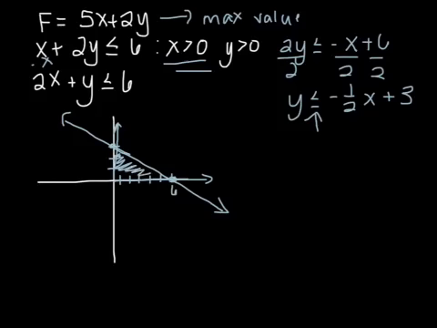So now the next problem, I'm going to subtract 2x to the other side, so I get y is less than or equal to negative 2x plus 6. So at 3, 4, 5, 6, I'm going to draw a dot. I'm going to go down 2 over 1, down 2 over 1, down 2 over 1.